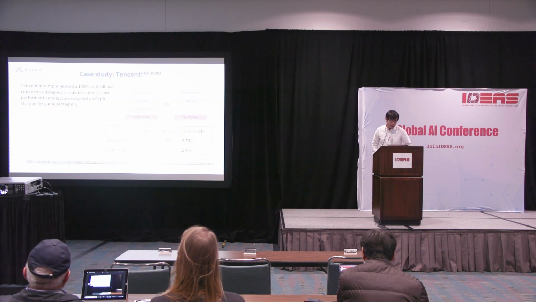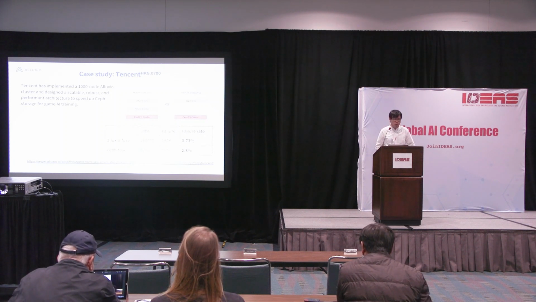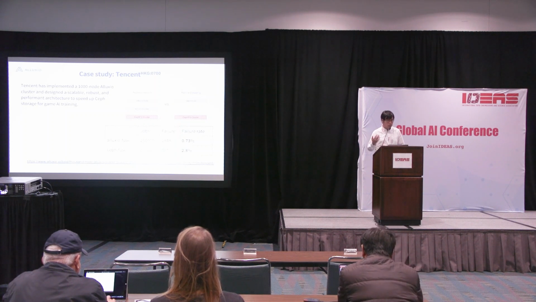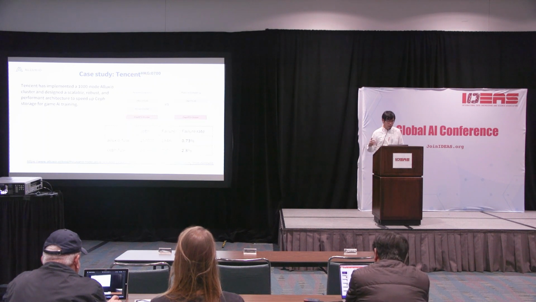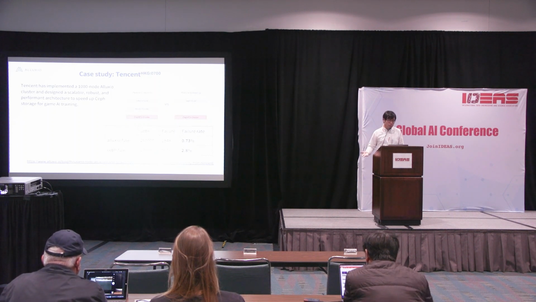Okay. Sharing some case studies here. This is one tech report from Tencent. They're using this for their scalable machine learning training workloads. They're using a 1,000 node cluster to provide a robust and performant architecture to speed up the Ceph storage. Yeah, they're using Ceph for their data training, so they have this storage data acceleration to make sure they avoid failures.